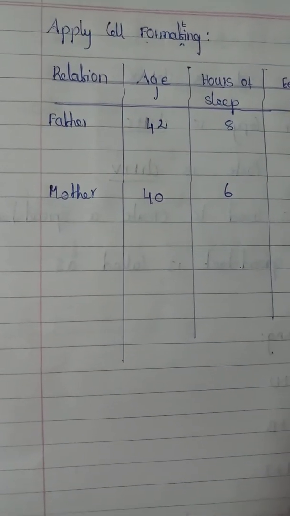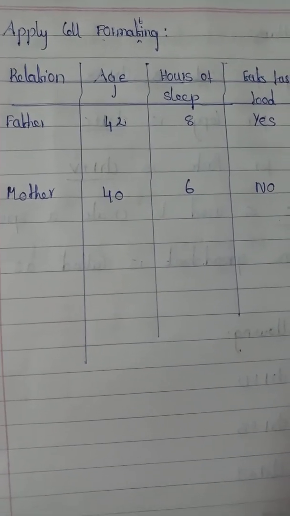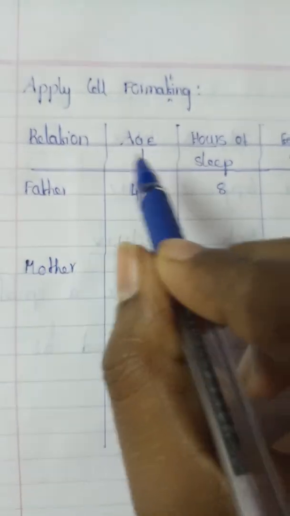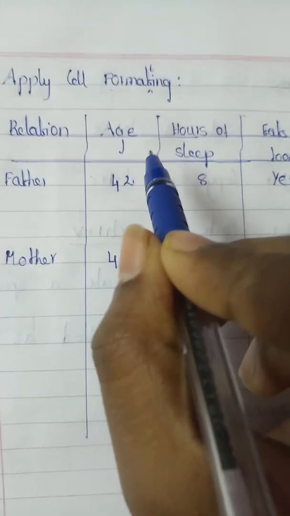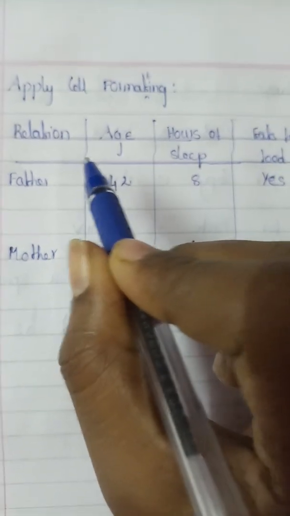So here, first we need to know how to apply the cell formatting. Here the relation and age are in one cell.